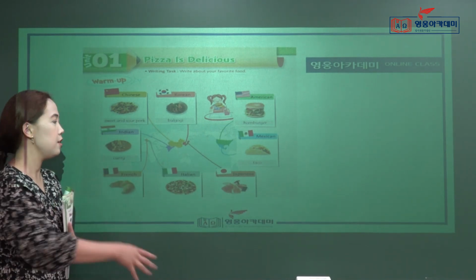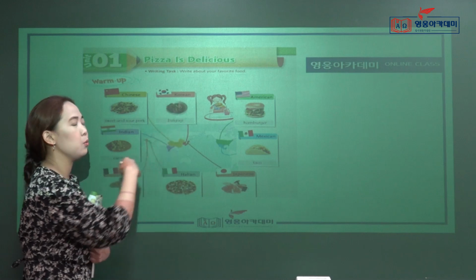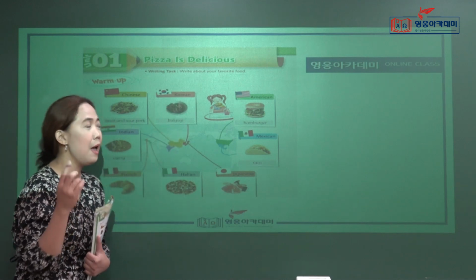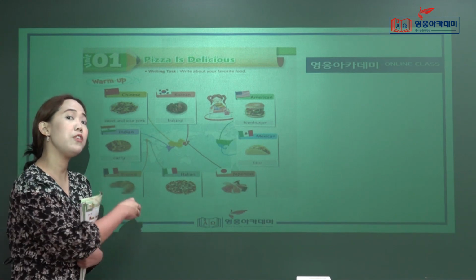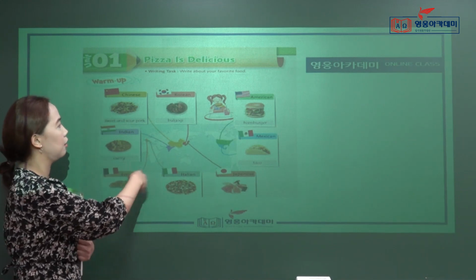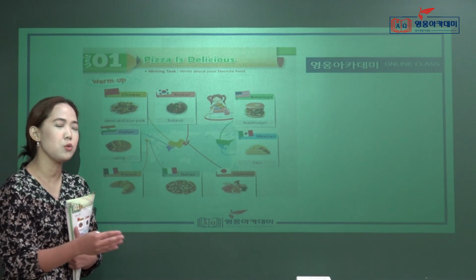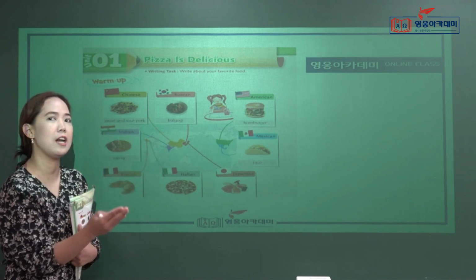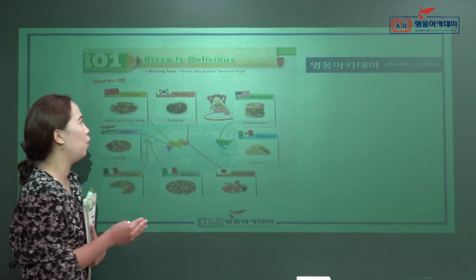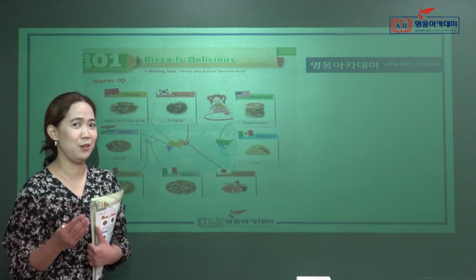So in here you can see the flags which represent their country, but we are using the adjective form for this nation to represent their food or their language or their culture. So instead of China, we say Chinese. We don't say China food, or we don't say America food, all right?